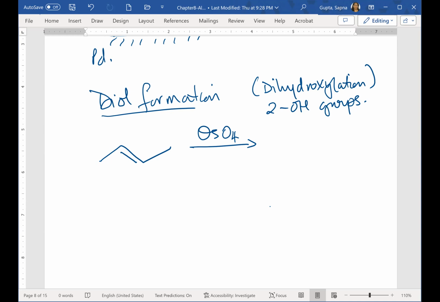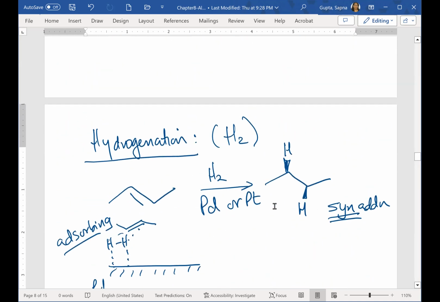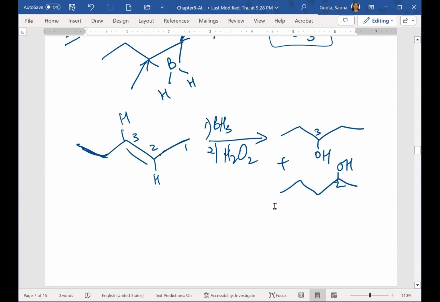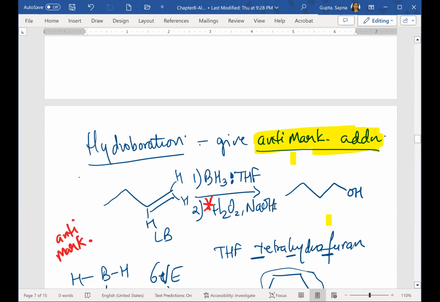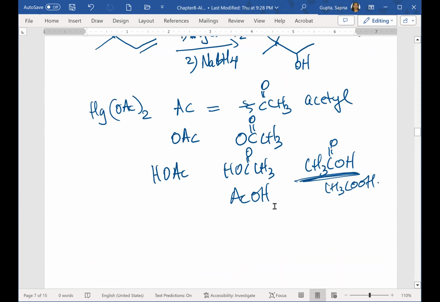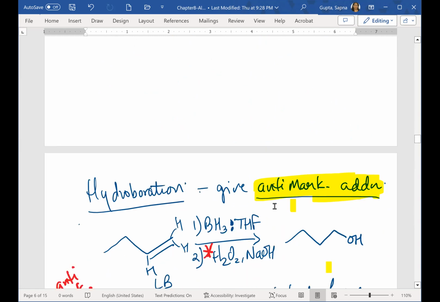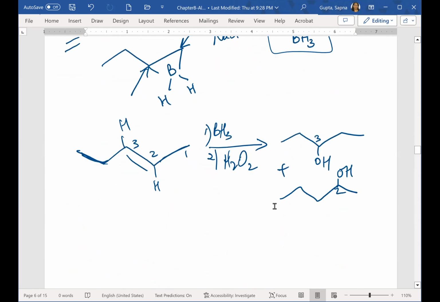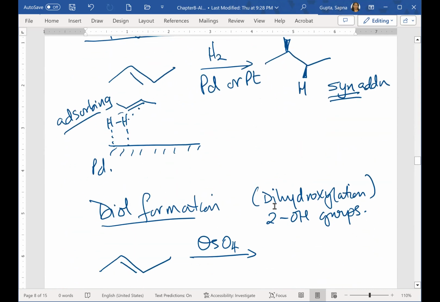I have one other disclaimer to make, and the disclaimer is actually for the workup. So I was explaining to you about the workup. For example, in hydroboration, you're using hydrogen peroxide and sodium hydroxide. In oxymercuration, you're also using sodium borohydride. So sometimes the workup reagents can be a little bit different, okay?